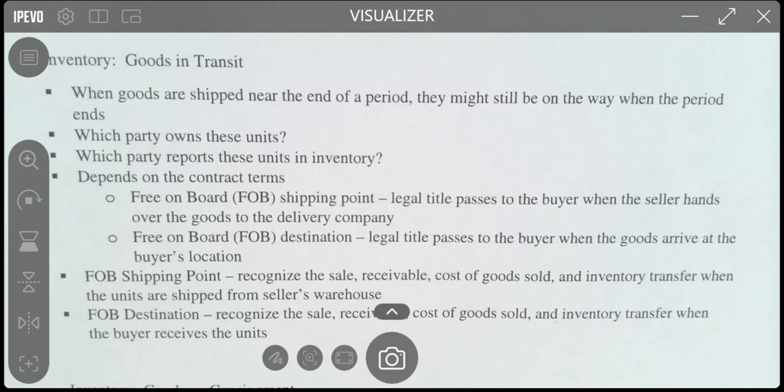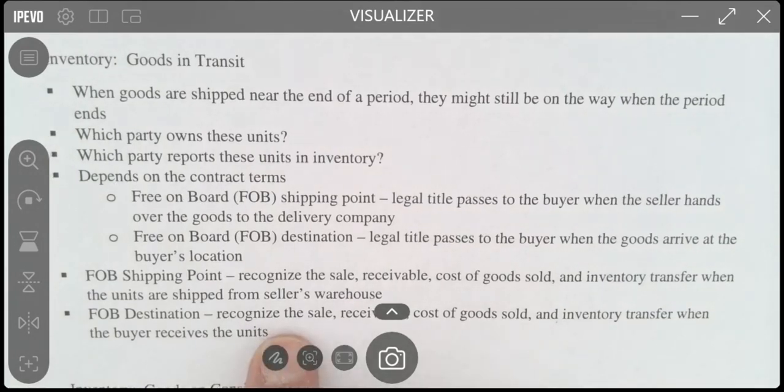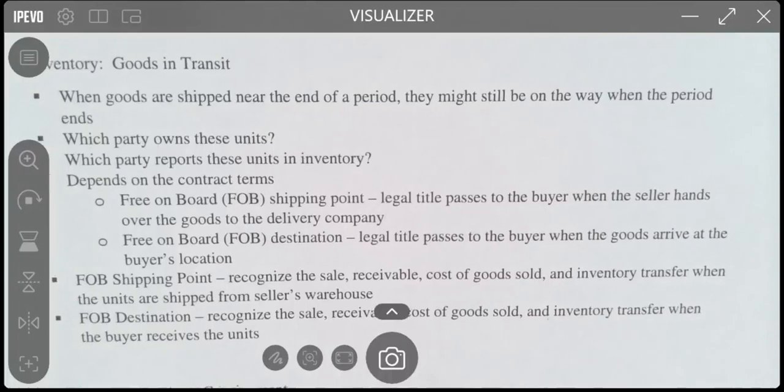If the contract states that the sale is made FOB destination, the sale, receivable, cost of goods sold, and inventory transfer are recognized when the buyer receives the unit and signs the receiving document. That's the goods in transit complexity, small item. You'll learn about that.